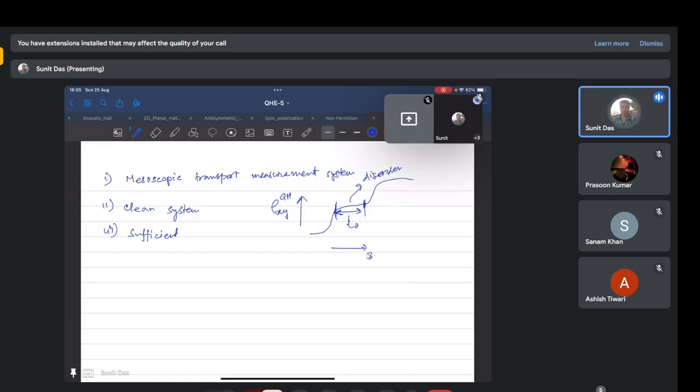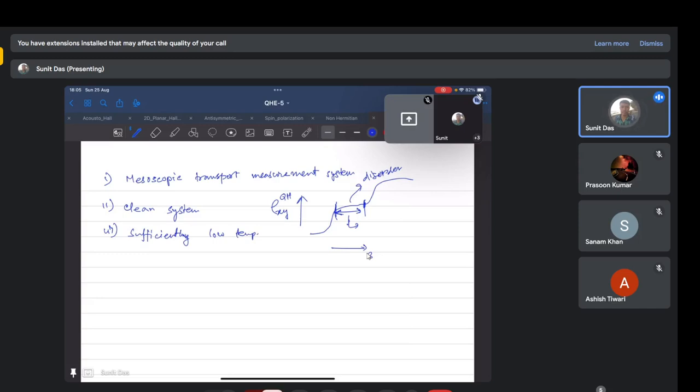In a two-dimensional electron gas you have to have very low temperature, but depending on the system, you can have very high temperature as well. Very high means of the order of 300 Kelvin. For a mesoscopic low energy condensed matter transport system, 300 Kelvin is a really very high temperature. So sufficiently low temperature, and so on. These are the main criteria.